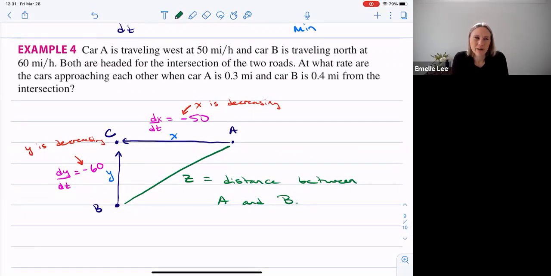Okay. So what do we want to find? We want to find the rate that the cars are approaching each other. Right?